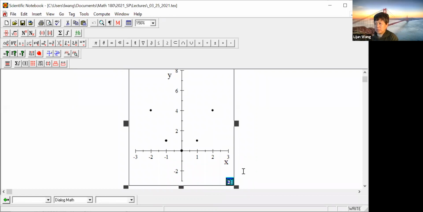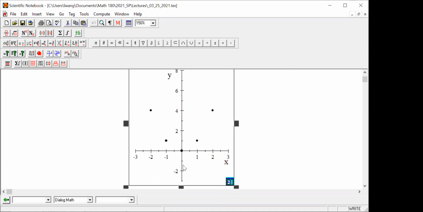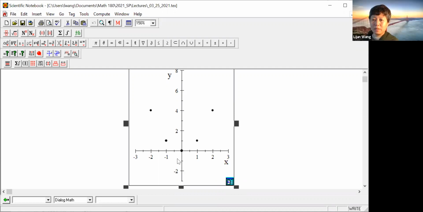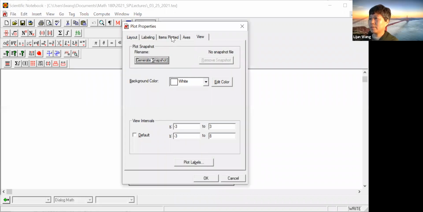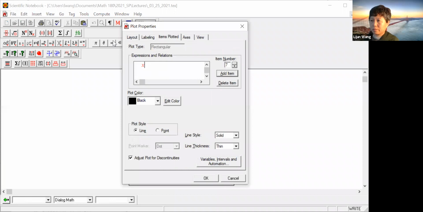And that's my adjusted. And what do we do next? Connect the dots, right? So let's connect the dots. So please connect the dots.